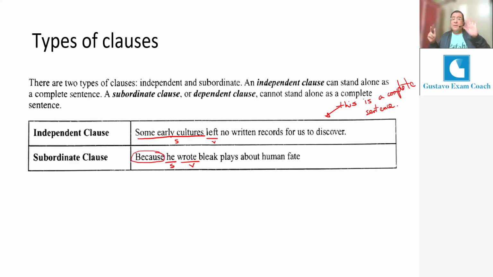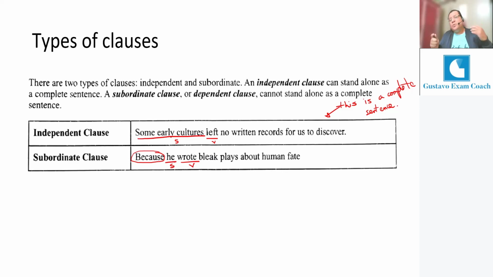Instantly remove "because" from this clause, and you've got "he wrote bleak plays about human fate." That itself could be an independent clause, but notice how placing "because" before our subject turns that might-be independent clause into a subordinate clause.